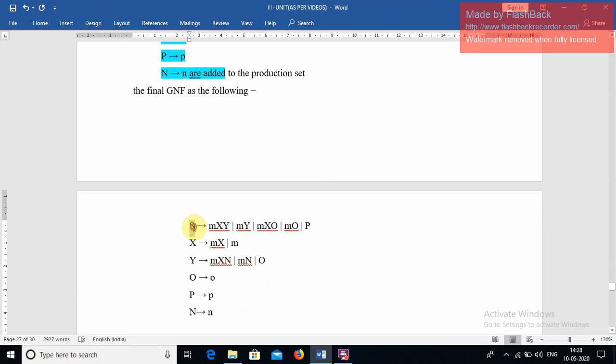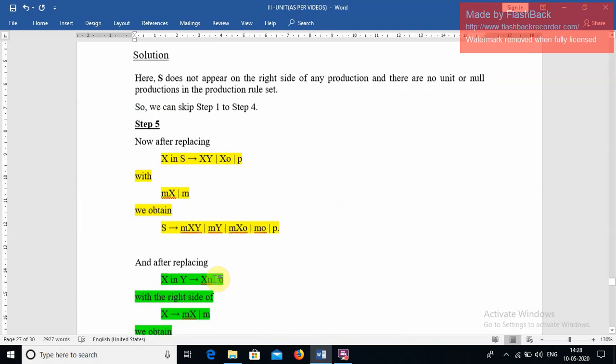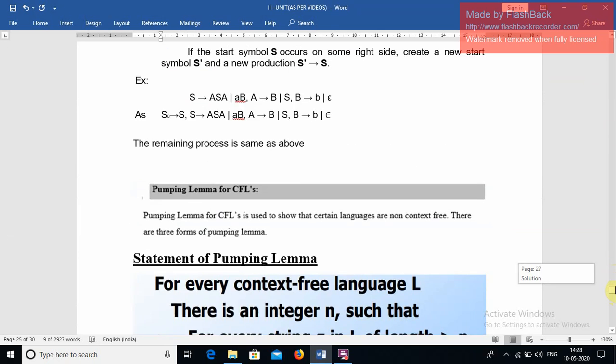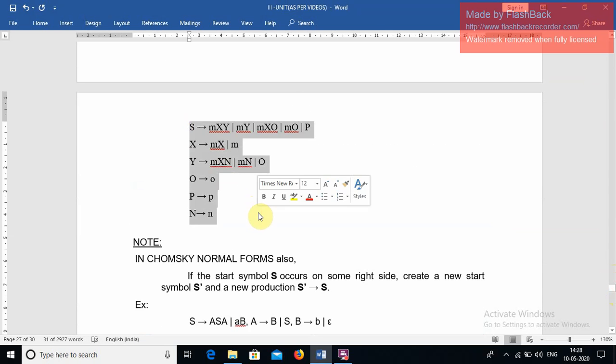So this is a non-terminal to one terminal and many non-terminals, and one non-terminal to terminal. Okay, so this is actually matching the GNF production rule format. So the final grammar is in the GNF format.